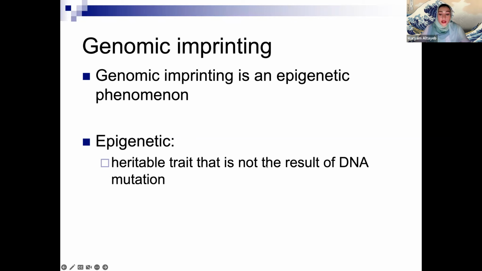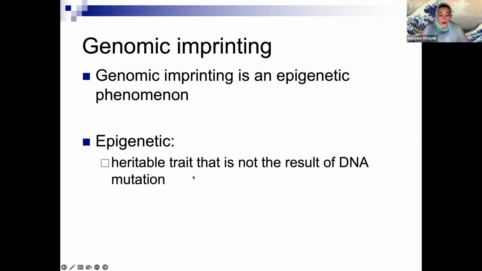So it's something that does not happen with DNA mutations. It's an alteration that happens in the way you're wrapping your DNA around your histones and then forming chromatin. So how loose or tight it is around that. And this happens, and it's, again, a normal phenomenon, genomic imprinting. So that's what we call epigenetic.